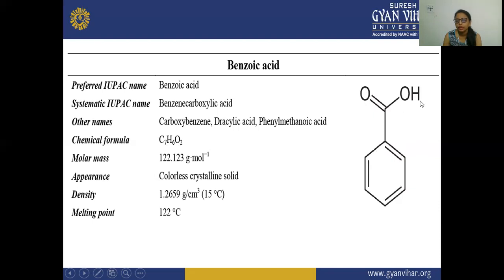So that is why C7H6 and O2, because here two oxygen atoms are present. Its molecular mass is 122.123 gram per mole, and appearance is a colorless crystalline solid. It means it is present as a solid, not as a liquid. So this is a colorless crystalline solid, or you can say a white crystalline solid.